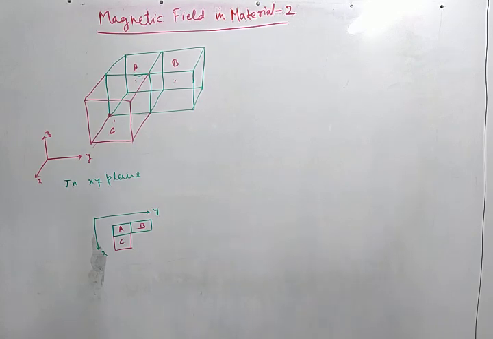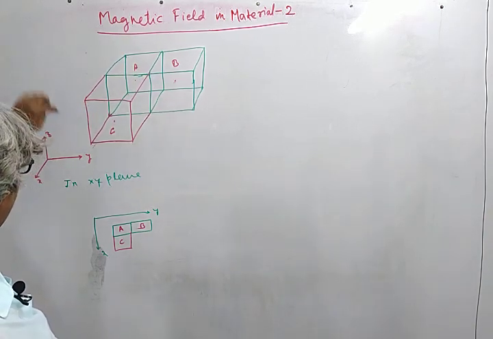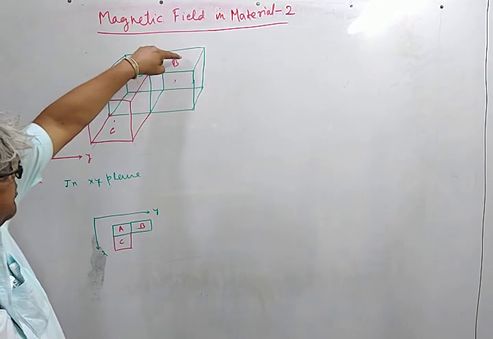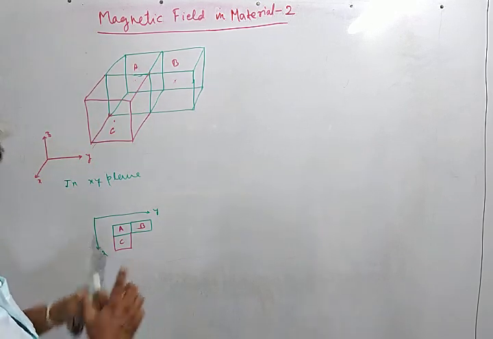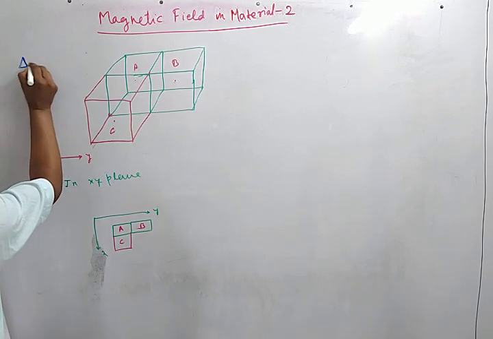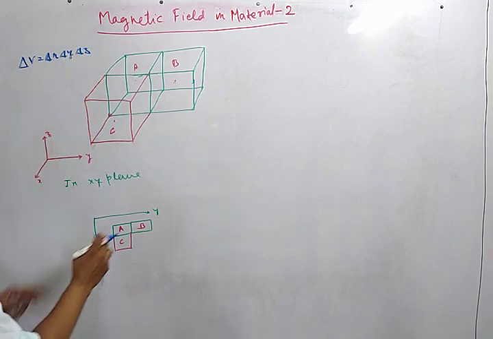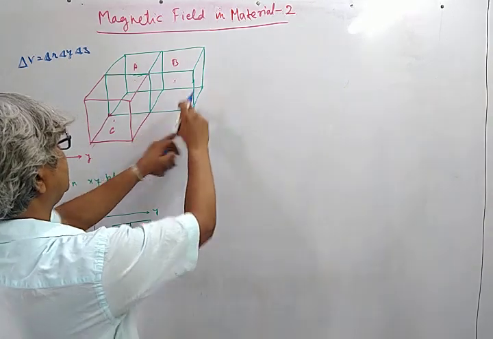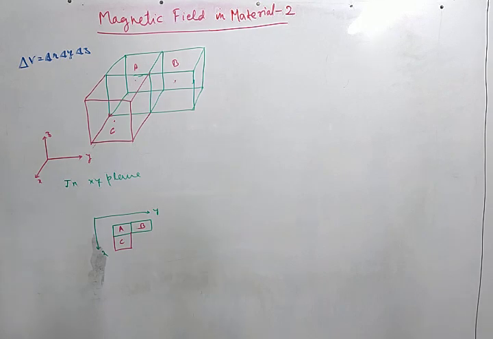We consider three volume elements whose centers are A, B and C, and this is the coordinate system denoted. A and B are two similar volume elements, each with volume delta V equal to delta x, delta y, delta z. The coordinate axes are shown here.